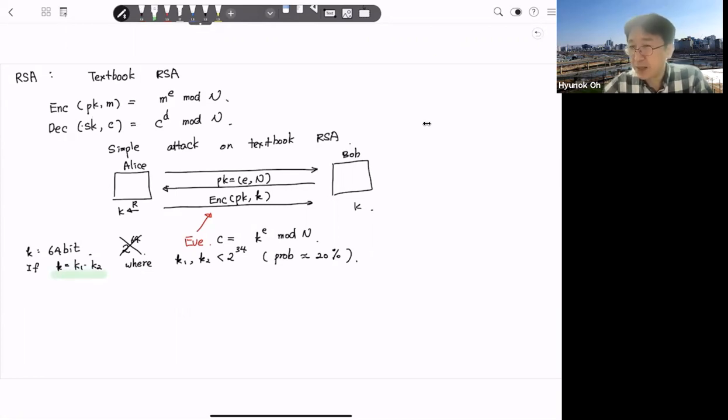So this is the assumption: K can be divided into two numbers, K1 and K2, and both are less than 2 to the 34.